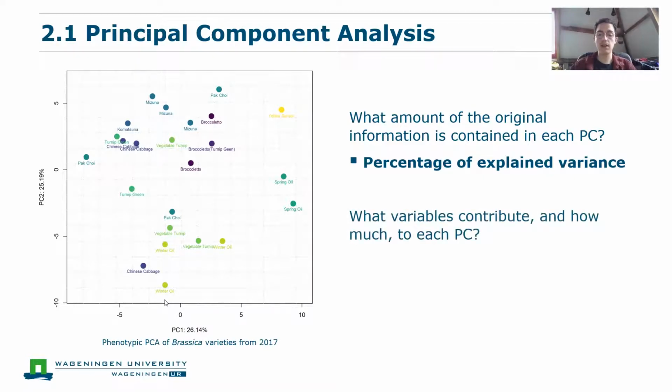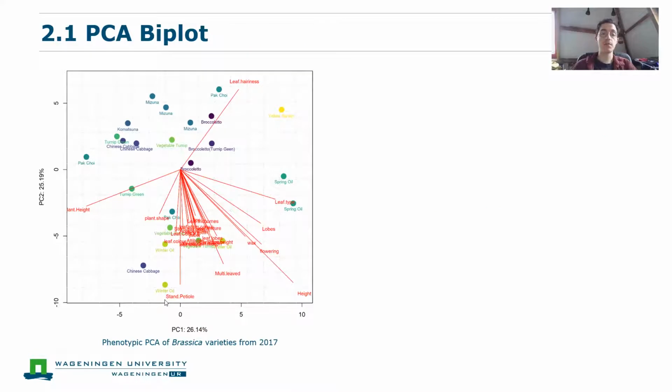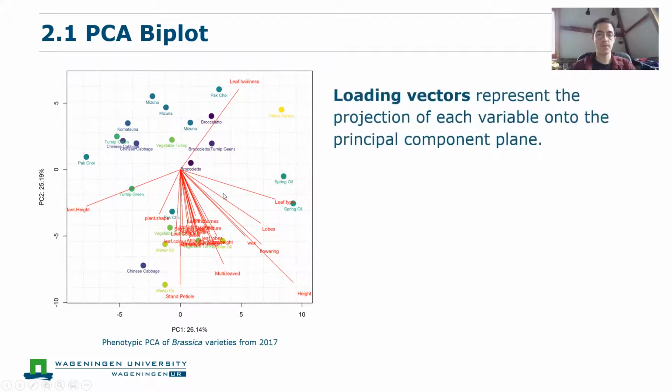And the second thing that we can ask is what variables contribute and how much to each principal component. And for that, we can use the loading vectors. We can plot those loading vectors on top of the PCA plot, and then we obtain a PCA biplot. Now, loading vectors can be read by looking at the size of the vector and the direction of the vector. Loading vectors represent the projection of each variable onto the principal component plane.